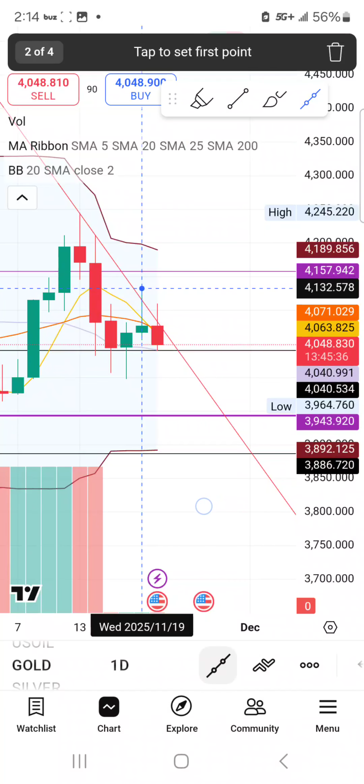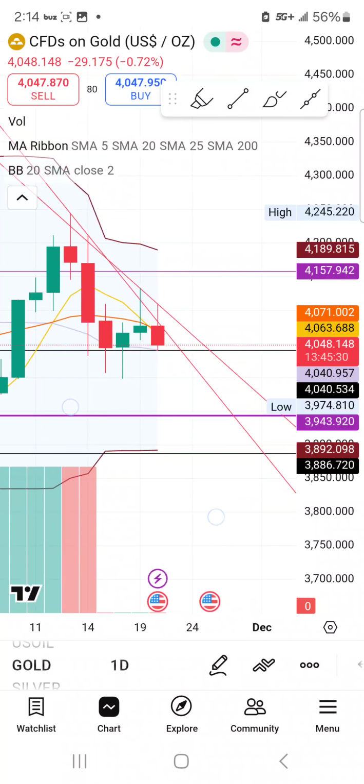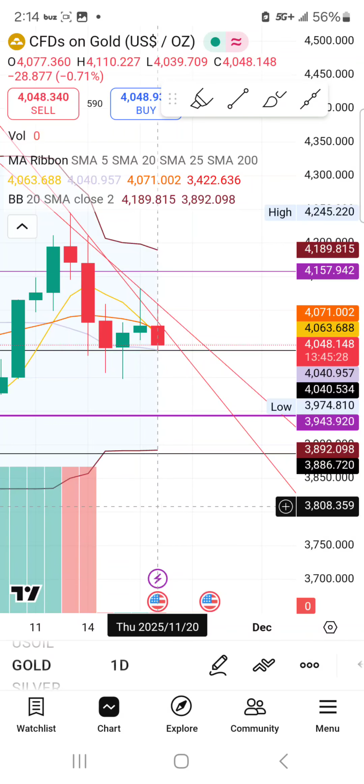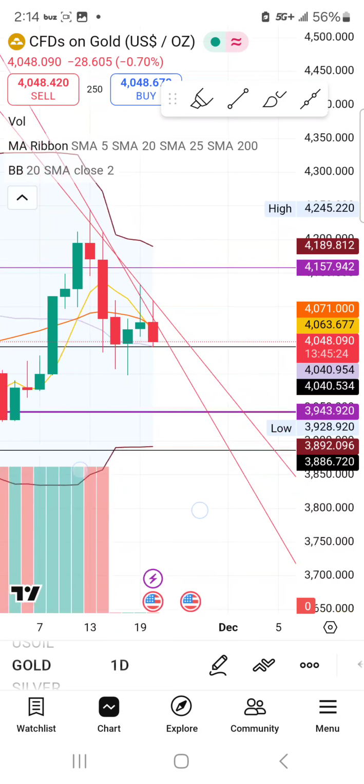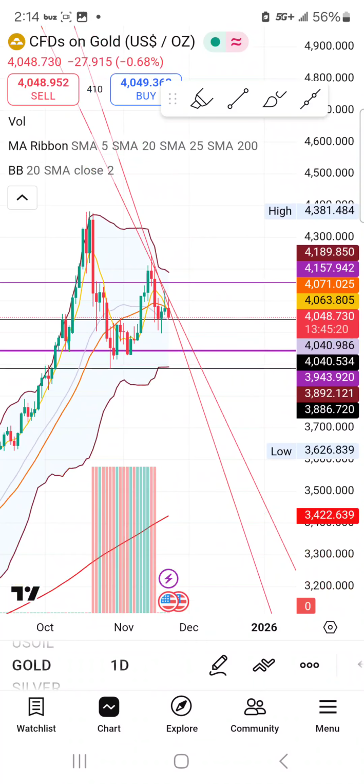I don't trade gold personally, but a chart is a chart. No matter what you're analyzing, it's very, very similar in nature. The price action and volatility may not be the same. Like I said, I personally don't trade gold right now.